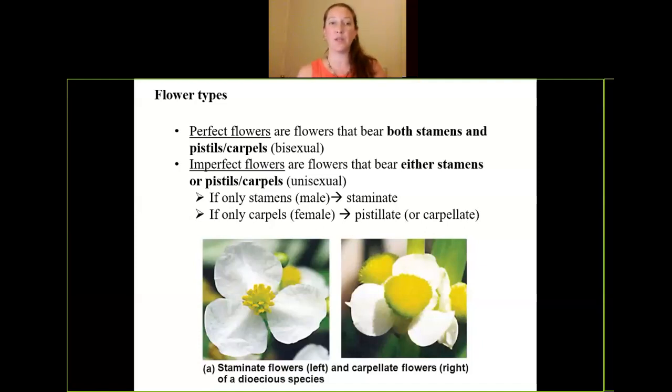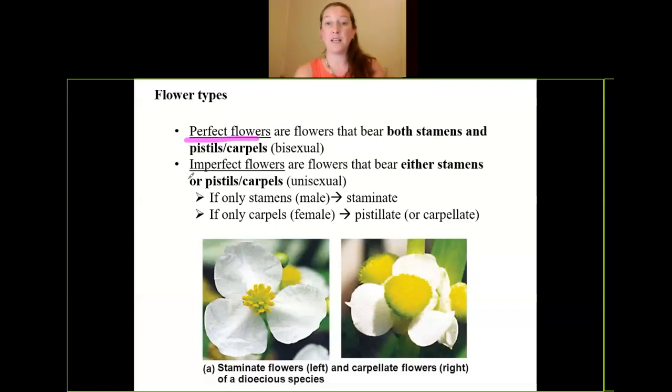And then we have these terms, perfect and imperfect. Perfect and imperfect refer to sex organs. So if you have both stamens and pistils or carpels, both types of sex organs, you are what we call perfect.